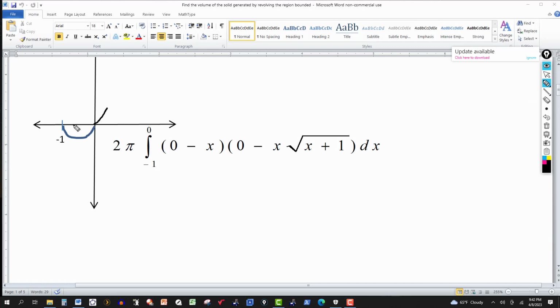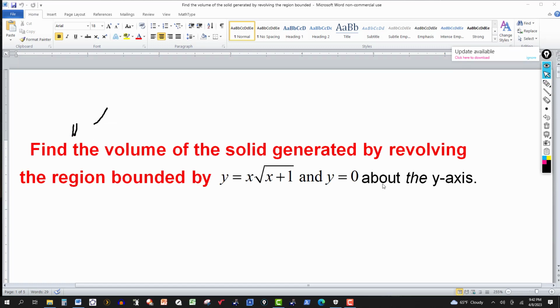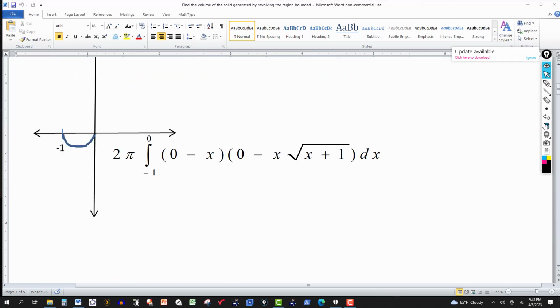The rectangular strips that we use right here are going to be parallel to the axis of revolution, which is the y-axis. So again, there's my rectangular strip that I'll be using. And these, of course, are real tiny. Hundreds of these tiny ones along this area here.